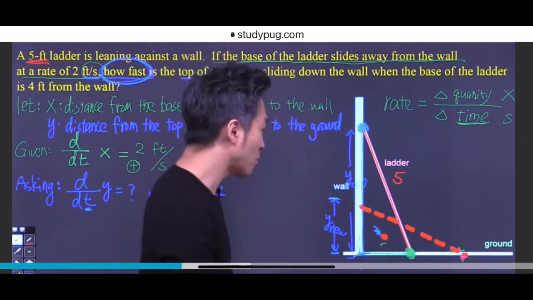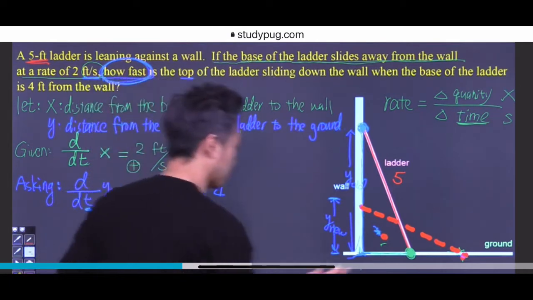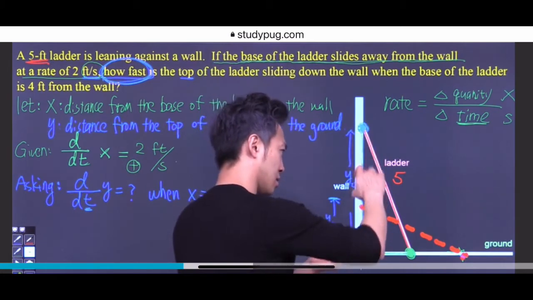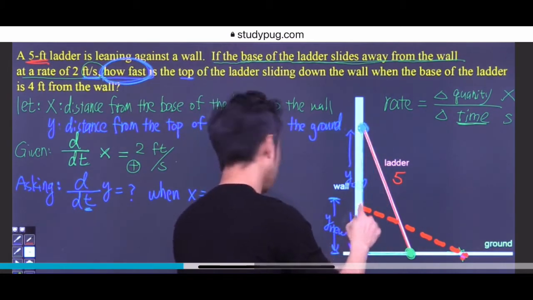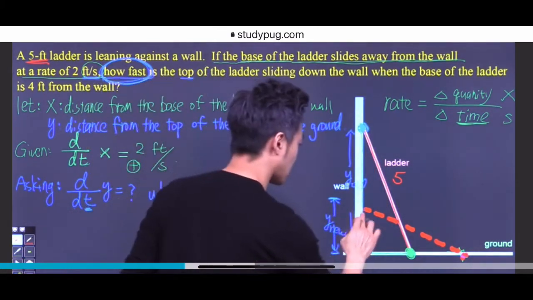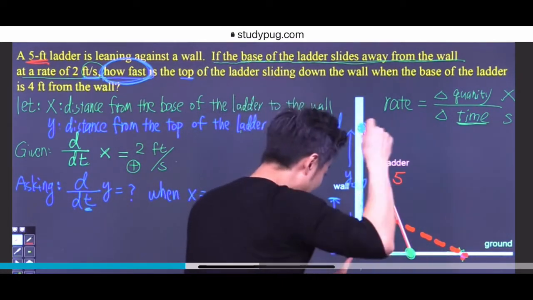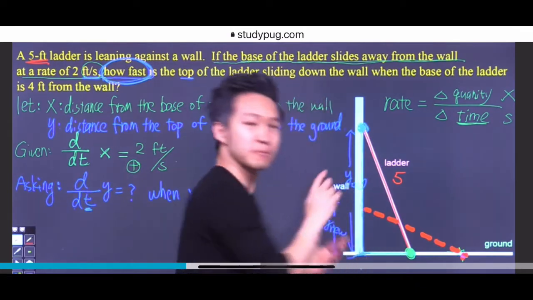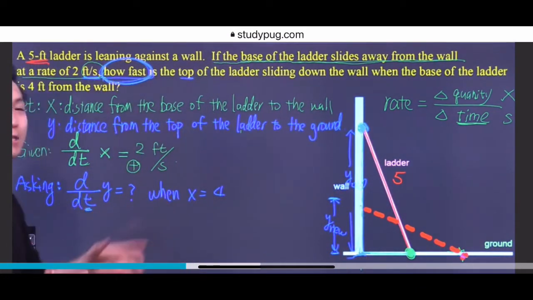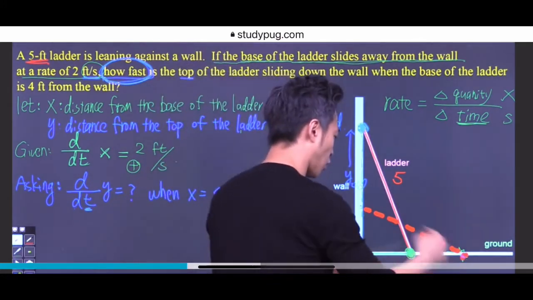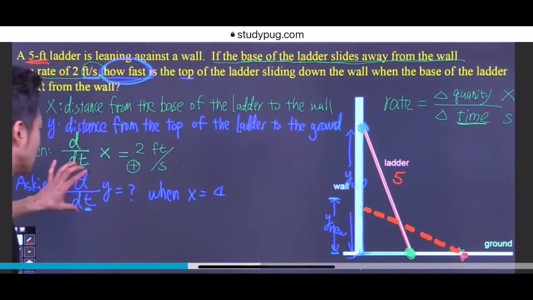So the moment when x is equal to 4, how fast is the top of the ladder sliding down at that instant, at that moment? Does it make sense? So the question asks us, when x equals 4, what's the dy/dt?